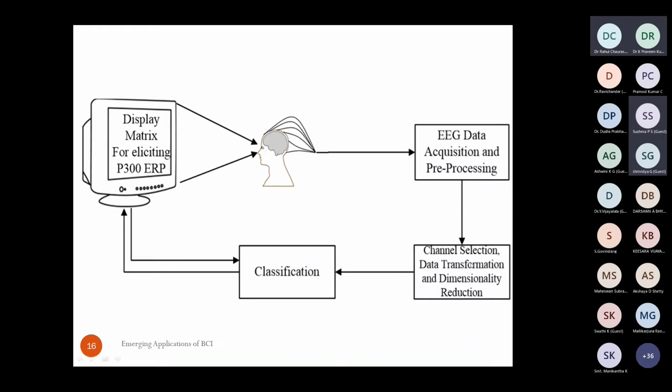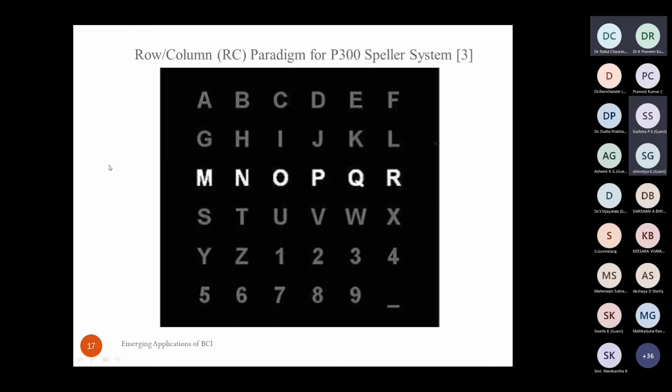Then you will sometimes have to select the channel, that means which electrode data I will be using for classification. Then data transformation and dimension reduction. Maybe you can apply the PCA method of machine learning, principal component analysis, for dimension reduction. Then you apply classification methods and then you detect the character.